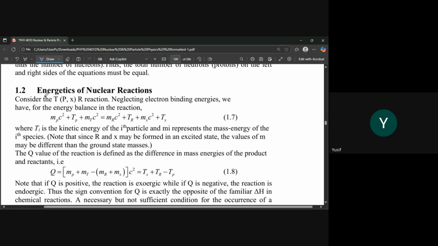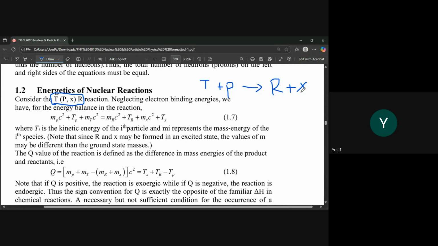So, for example, we have this reaction, which is giving us, let's say, T plus a proton, giving us R and X. So this is the reactant side and this is the product side.